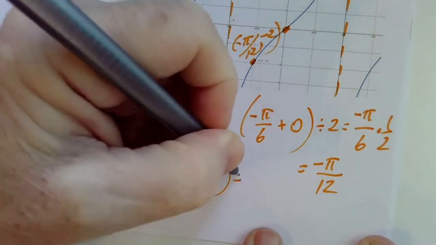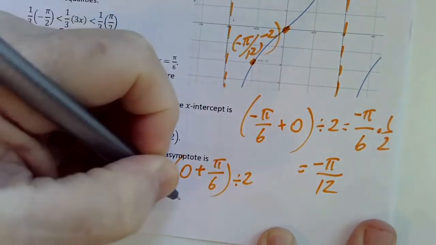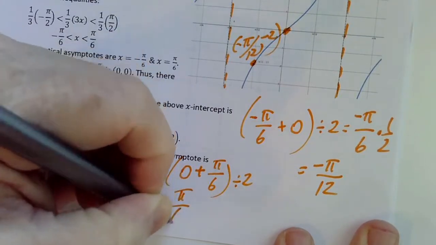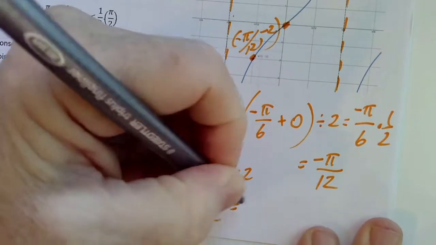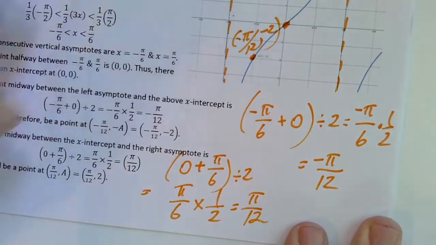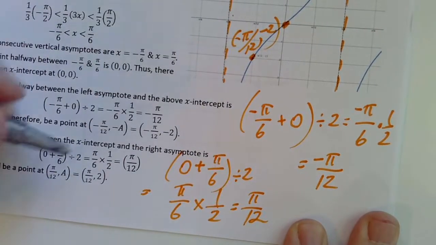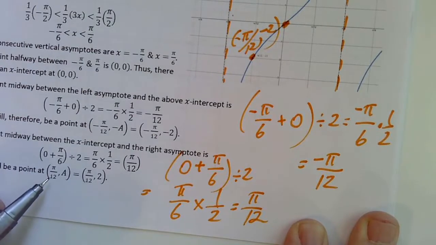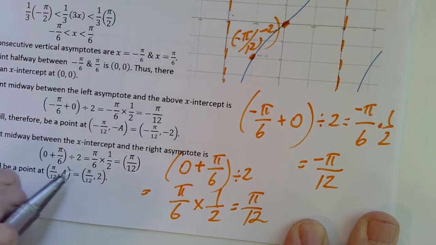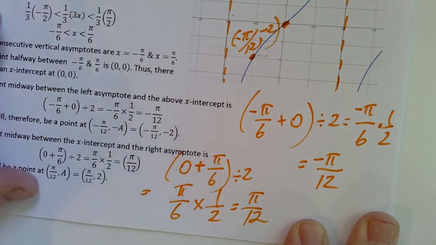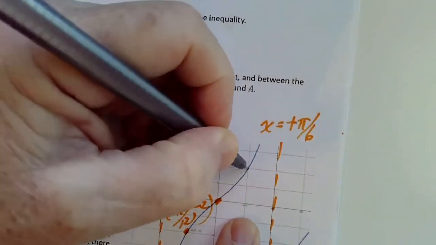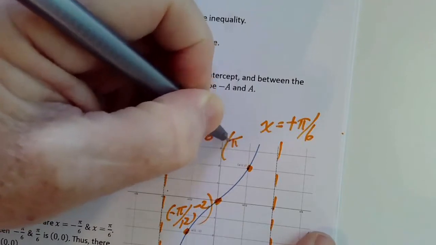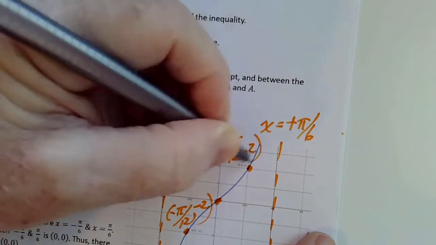And again, we're dividing by 2, which is the same as multiplying by 1/2, and we get positive pi/12. That means the next point is going to be positive pi/12, comma a, which is positive pi/12, comma 2. So here's pi/12, and here's 2. So we have pi/12, comma 2.